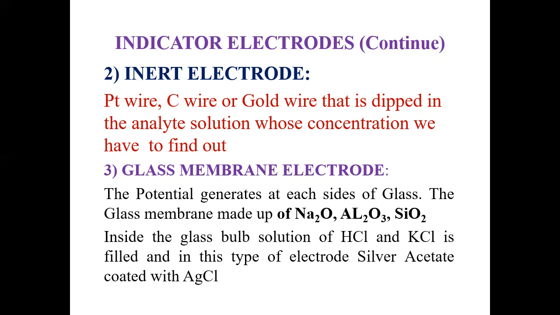The glass membrane is made up of sodium oxide Na2O, aluminum oxide Al2O3, and silicon oxide SiO2. Inside the glass bulb, a solution of HCl and KCl is filled, and in this type of electrode, silver coated with AgCl is used. So these are the three different types of indicator electrodes which are used in potentiometric titration.